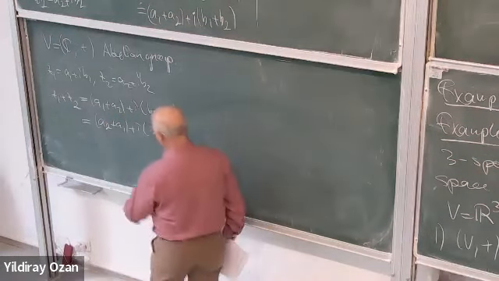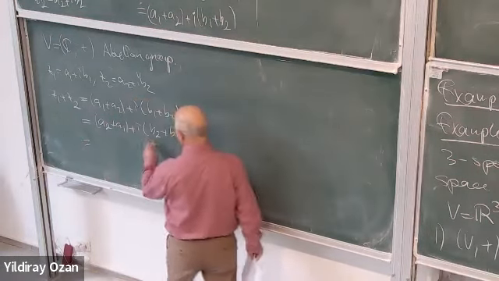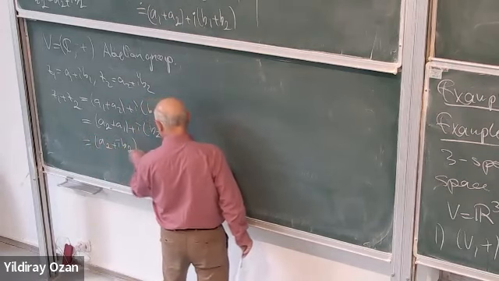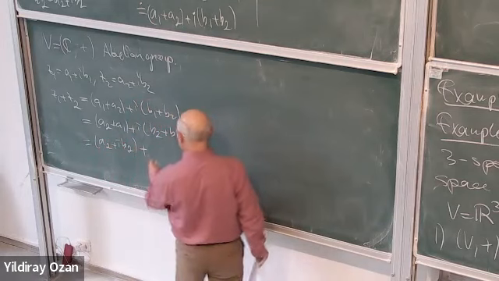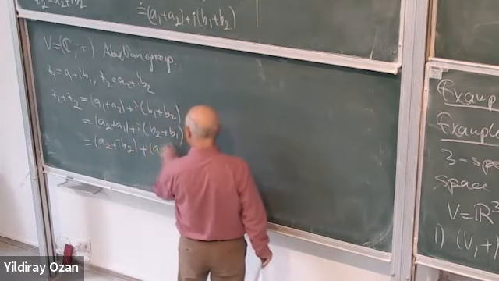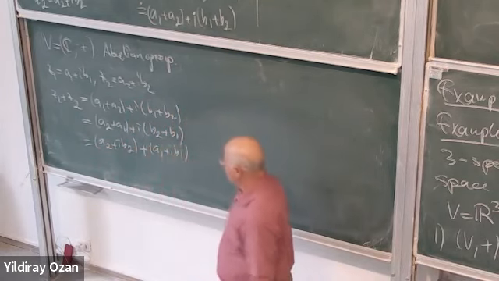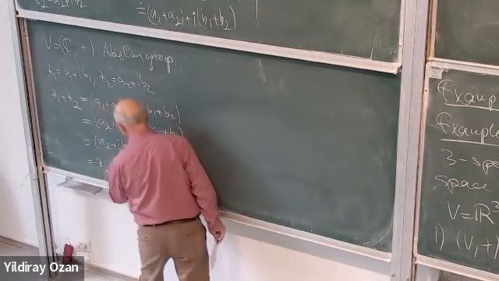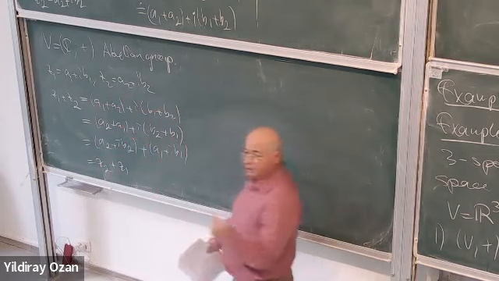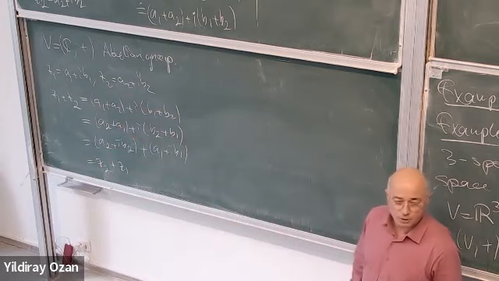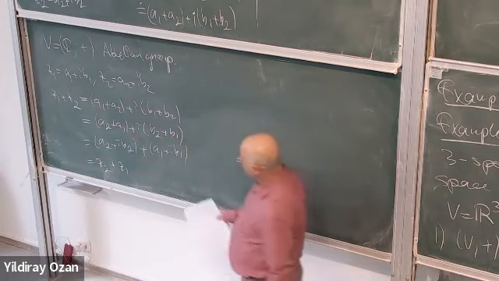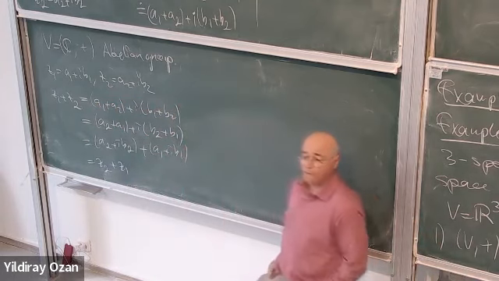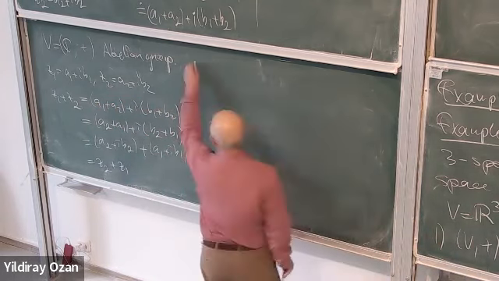And then write this as follows, again using the definition: a2 plus ib2 plus a1 plus ib1, right? And this is just z2 plus z1. So the addition operation is really commutative. Here I am using the commutativity of the addition operation of real numbers.